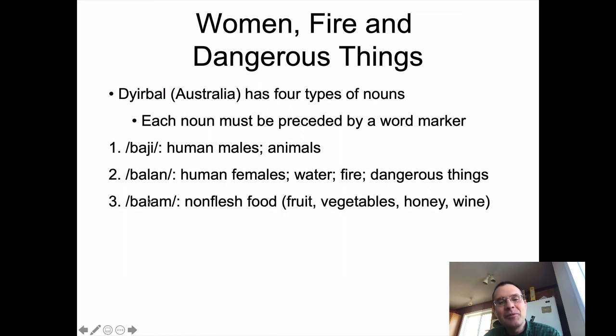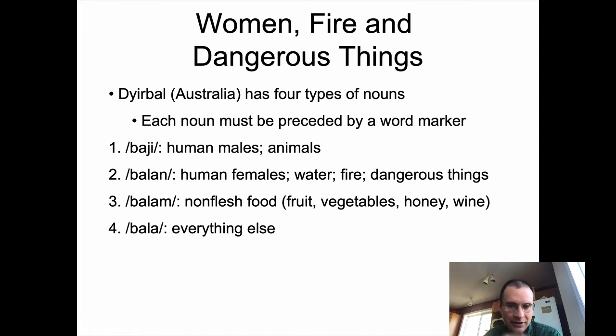Number 3 is balam, which is non-flesh food, which is basically vegetables and fruit, anything that's not meat. And then lastly, it's bala, which is everything else. So if you don't fit into one of these 3 categories, you just go into the collection bin at the end there. But every noun in Dyirbal has to have a marker like this.